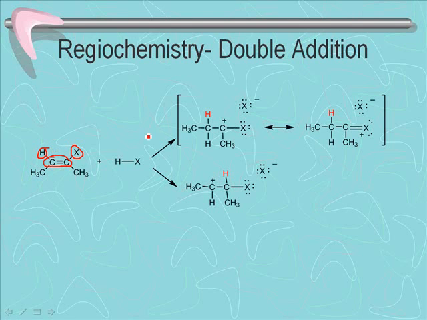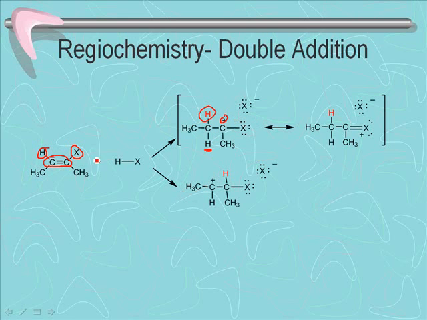If we add the hydrogen to the same carbon that had previously had a hydrogen on it, so if we add this red hydrogen to the carbon that already had the hydrogen on it, then we generate a carbocation here on that carbon atom.